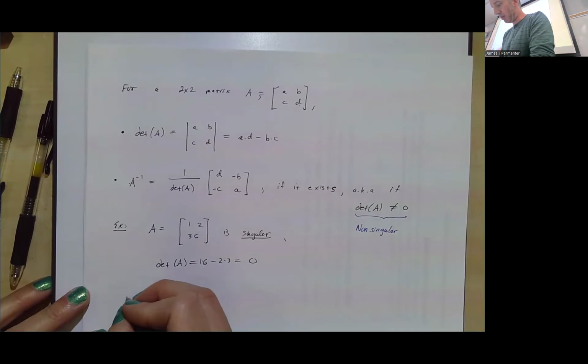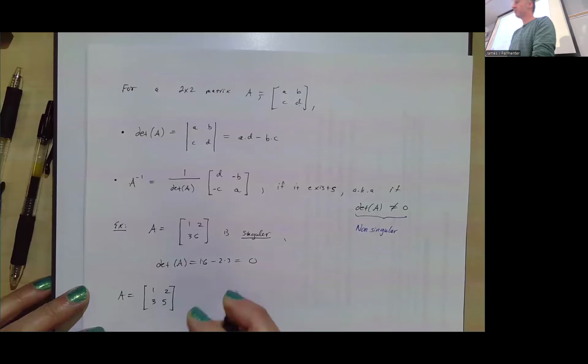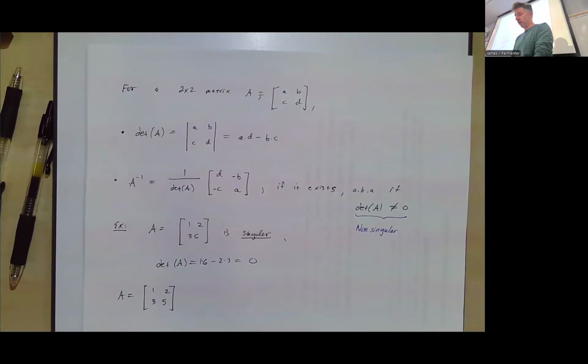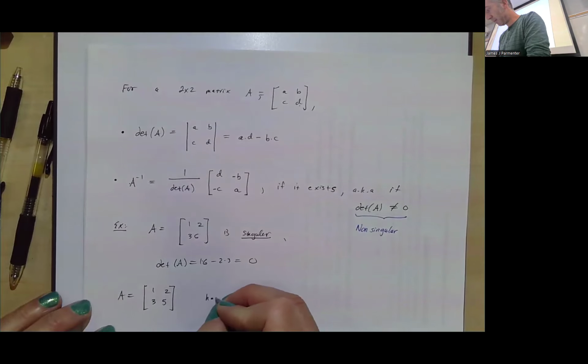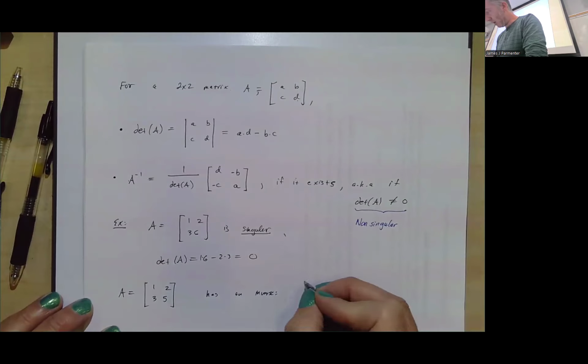On the other hand, this matrix 1, 2, 3, 5 definitely has an inverse, and we can find it. It would be 1 divided by 5 minus 6 times, and we're going to switch them up.